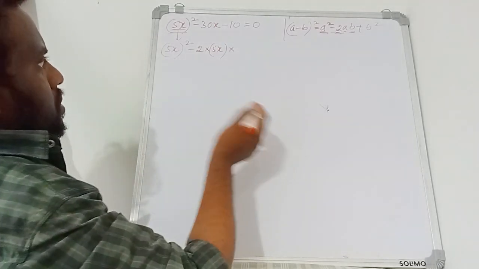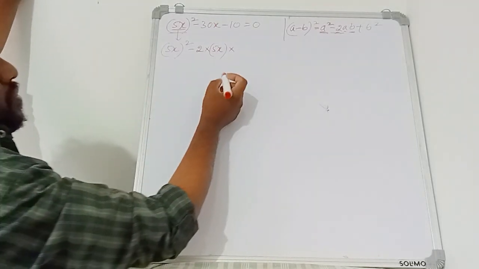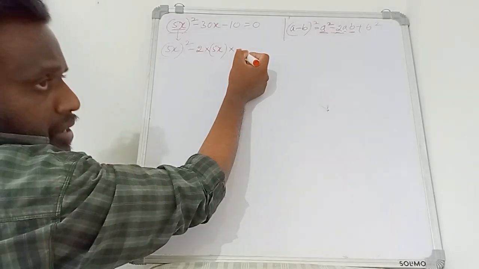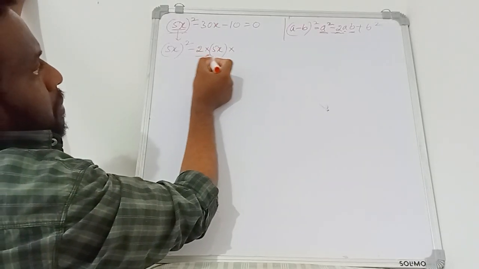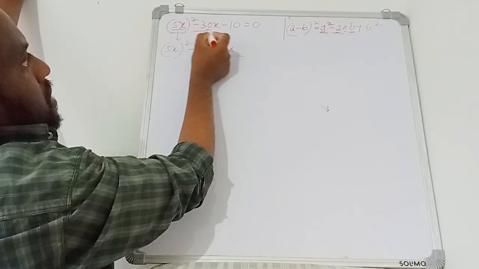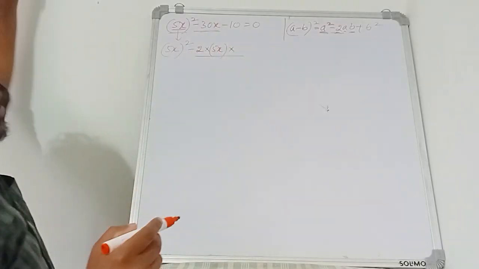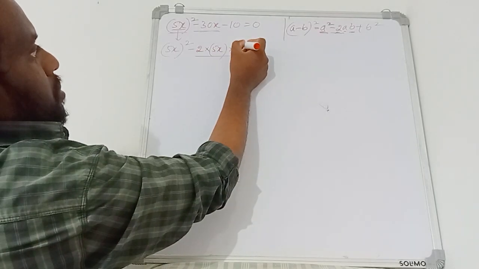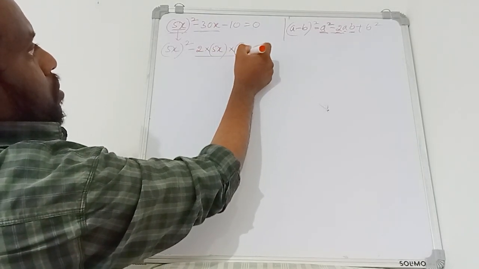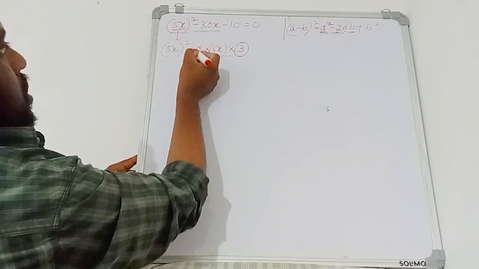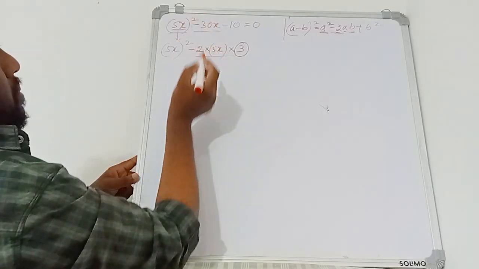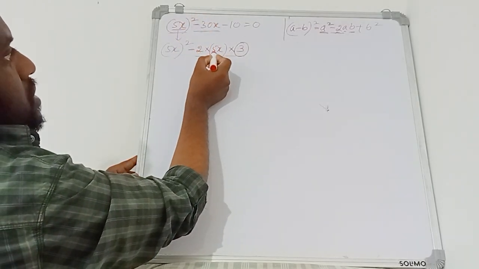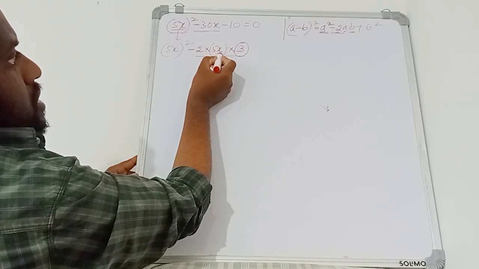identify b? Remember, if you take some number here, when you multiply the whole thing we should get this minus 30x. Think about such a number: 3, right? So if you multiply 3, I will put a round mark. Now see, this minus minus same, 2 5s are 10, 10x.